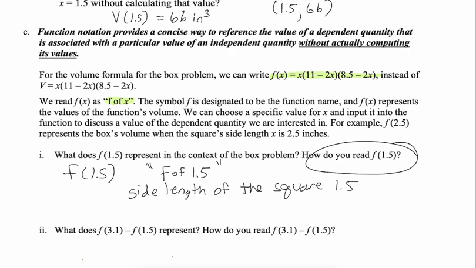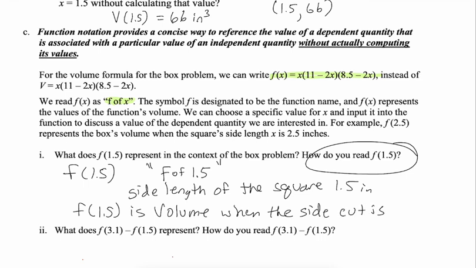But what you have to realize is that notation means f of 1.5 is the volume when the side is 1.5 inches. So remember, f of 1.5 represents the volume when x is 1.5.